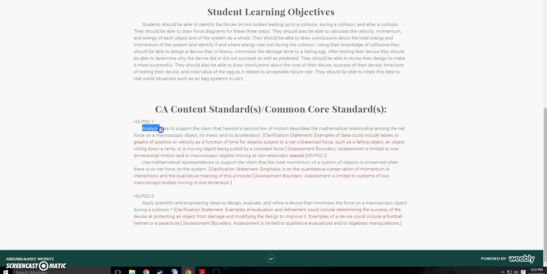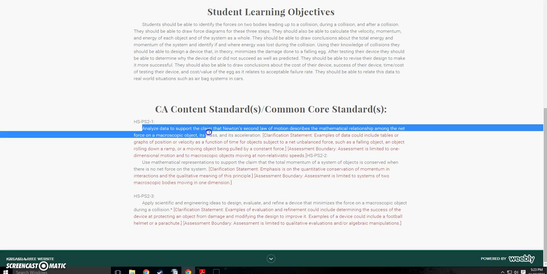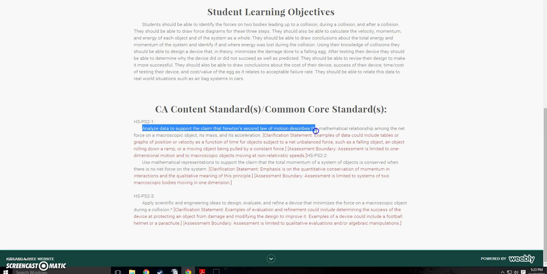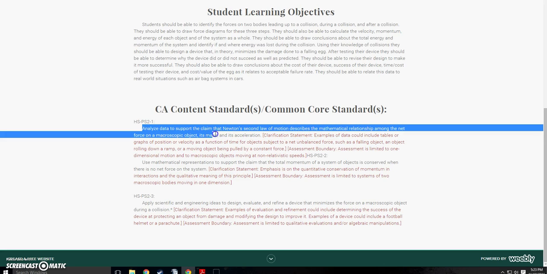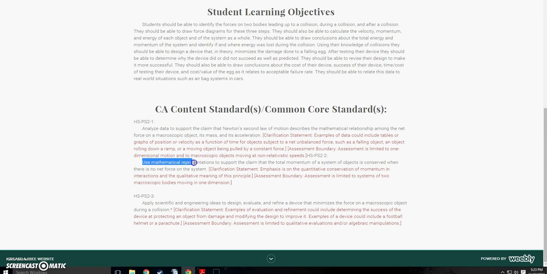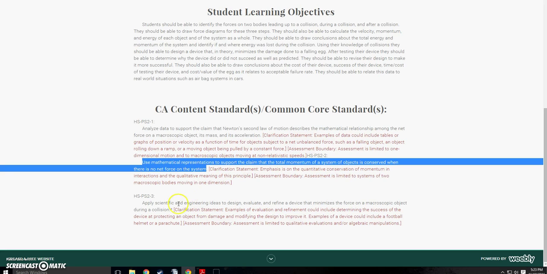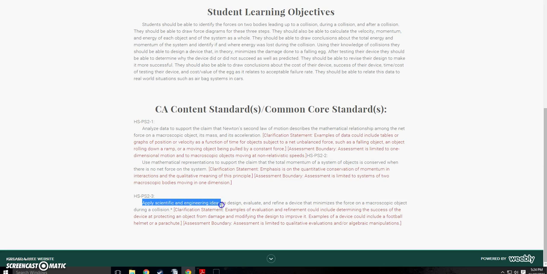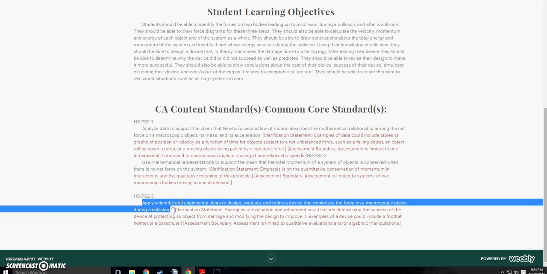The first standard is to analyze data to support the claim that Newton's second law of motion describes the mathematical relationship among the net force on a macroscopic object, its mass, and its acceleration. And also use mathematical representations to support the claim that the total momentum of a system of objects is conserved when there's no net force on the system. The second standard is to apply scientific and engineering ideas to design, evaluate, and refine a device that minimizes the force on a macroscopic object during collision.